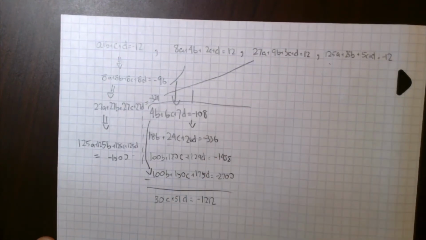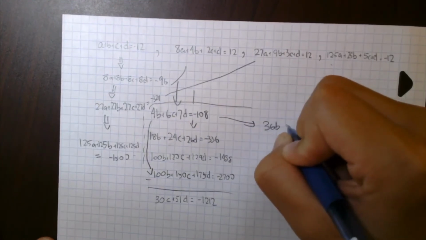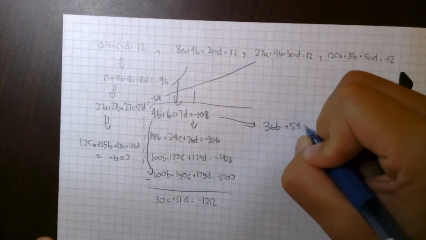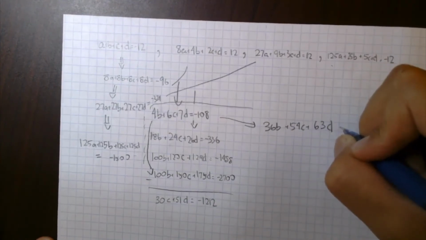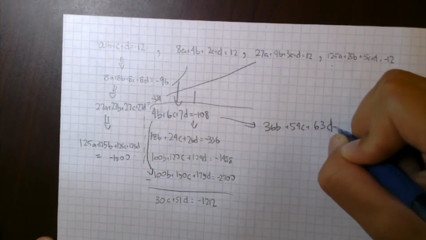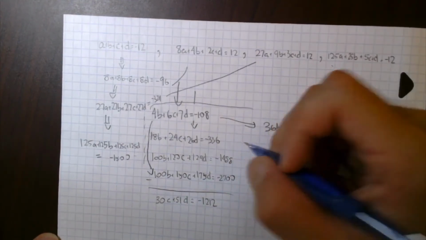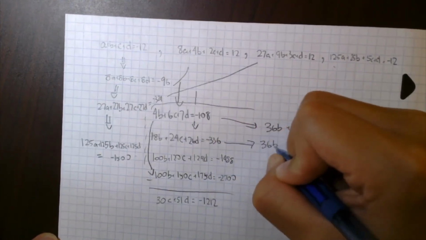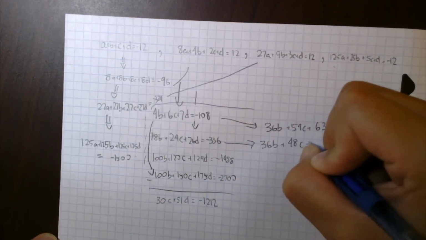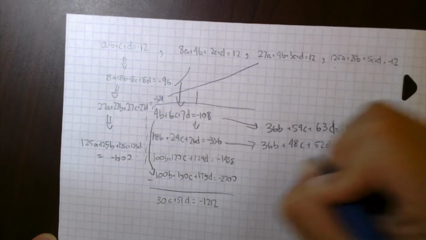From the other equation, we also got 36b plus 54c plus 63d equals negative 972, and then from here we got 36b plus 48c plus 52d equals negative 672.